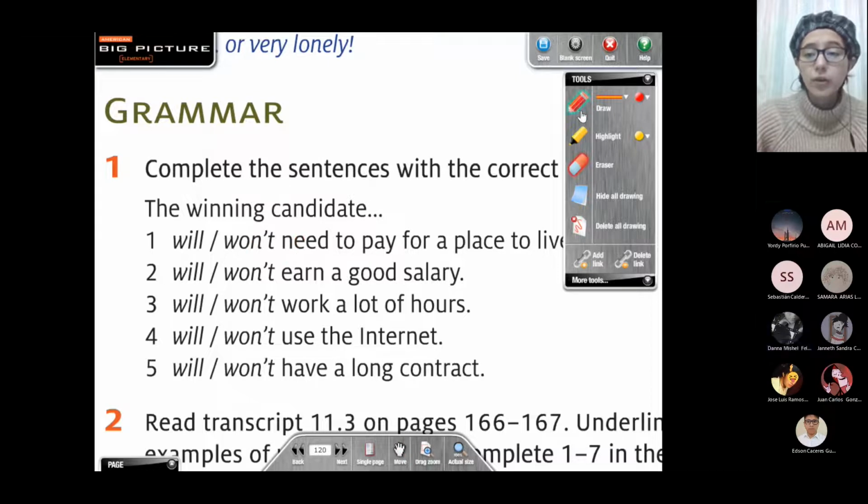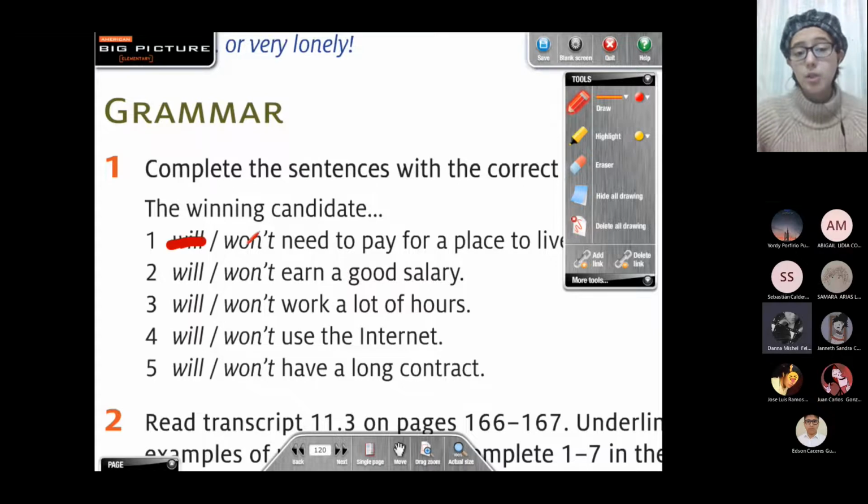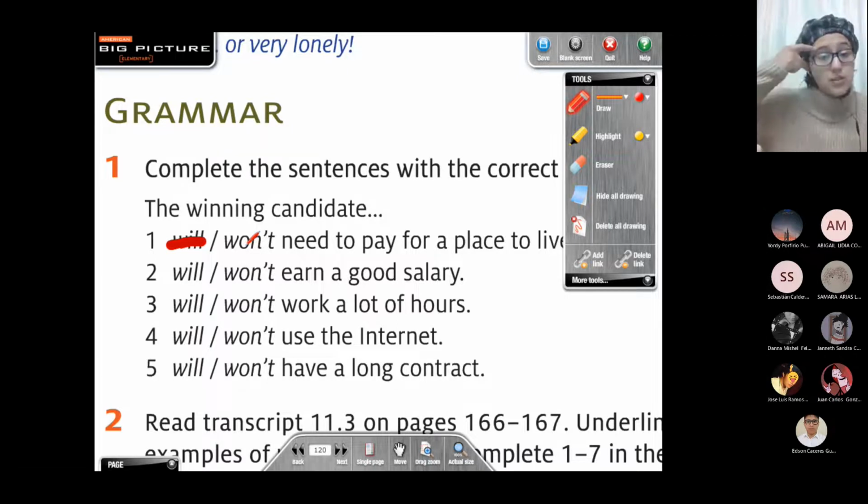Okay, so the correct option is won't, right? So this is a job to not pay for a place to stay. Yeah, imagine that. So you're going to earn 150,000 Australian dollars and you're not going to pay the rent. It's rent free. Imagine that. That's the best job ever, of course.